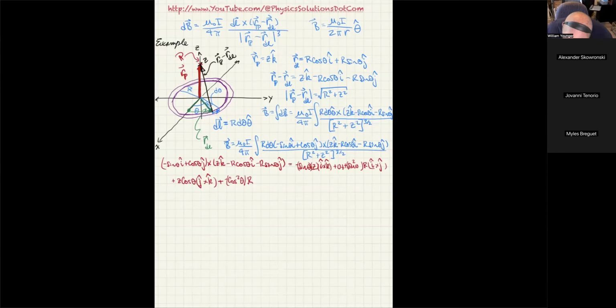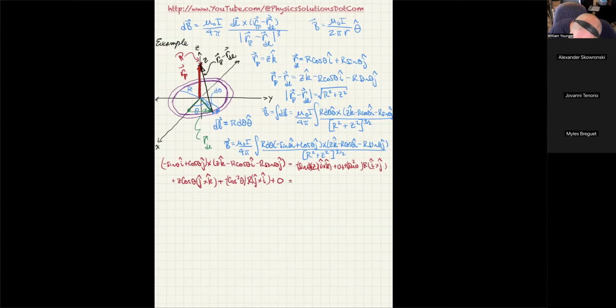Now, when I did this one, this was actually j hat cross i hat. So I'm now going to write j hat cross i hat, and I'll show you how to work out that in a little bit. And now the last term I have to do is cosine theta j hat crossed with negative r sine theta j hat, but those two are parallel, so that's going to be a 0 as well.